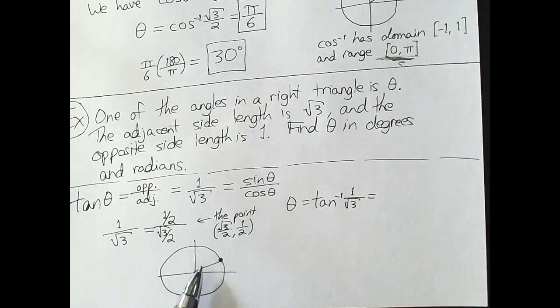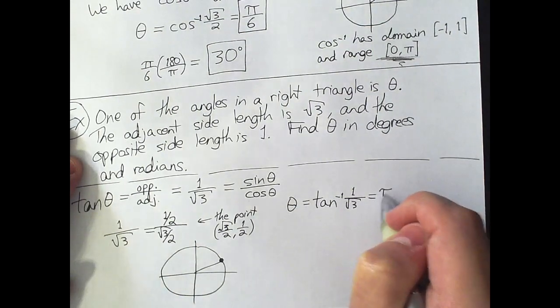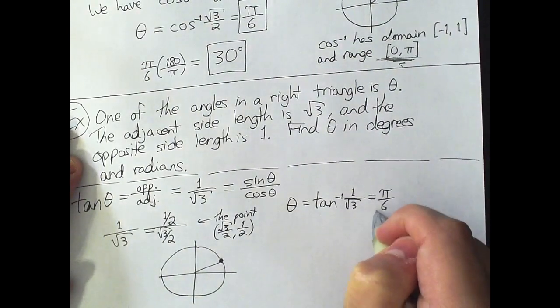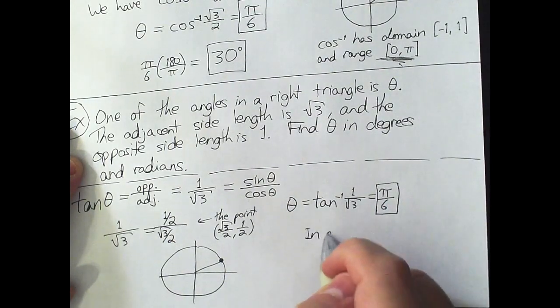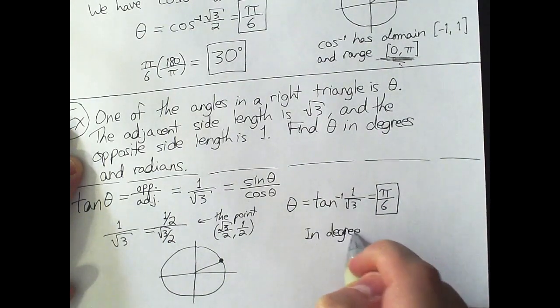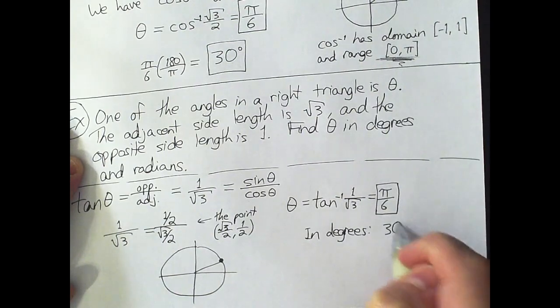And what do you think theta is? What is this angle that gets us to this point? There is a certain angle, we could think of it in degrees or radians, that gets us to this common point on the unit circle. It happens to be pi over 6 again. It's the same answer we got in the previous problem. That's just a coincidence. In degrees, it's 30 degrees.